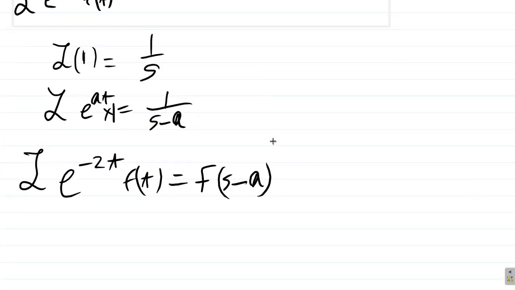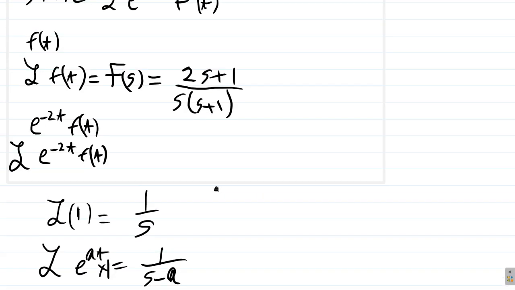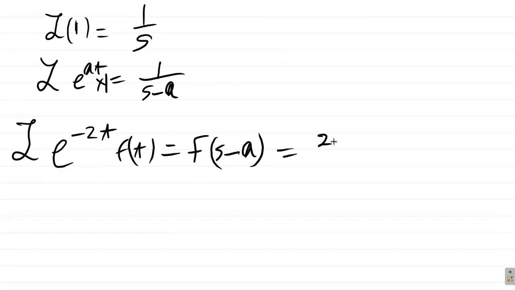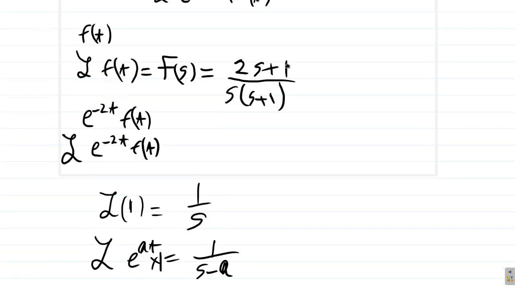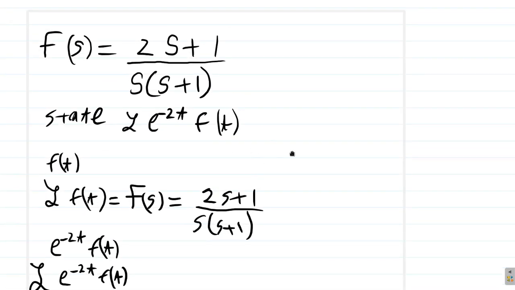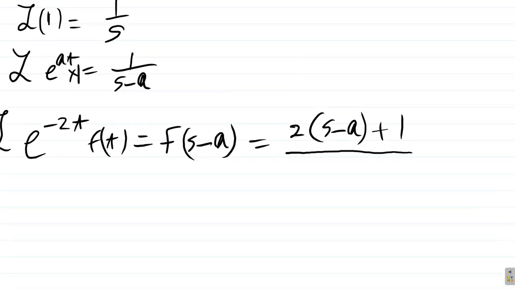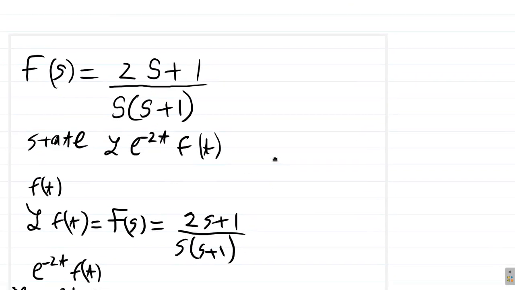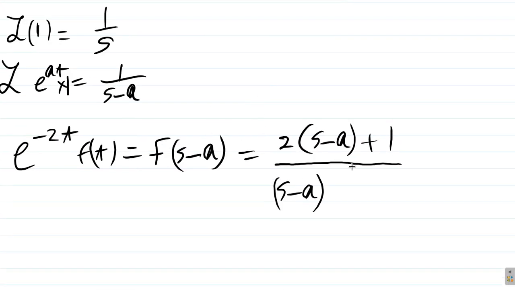So you have 2s + 1; in this case it's going to be 2(s minus a) + 1 divided by, you have s, in this case it's going to be s minus a. I'm going to change the a, s minus a plus 1, s minus a plus 1.